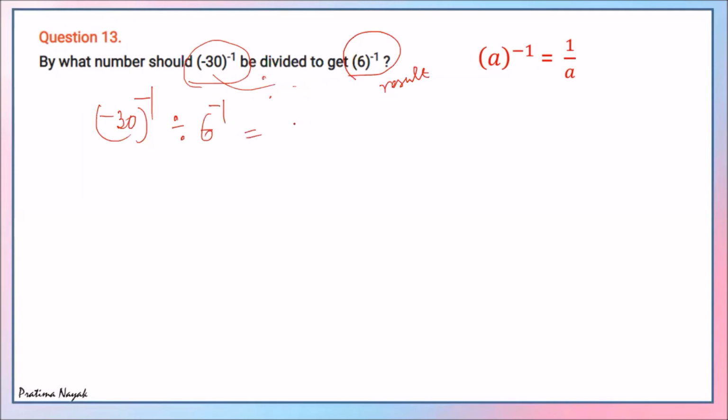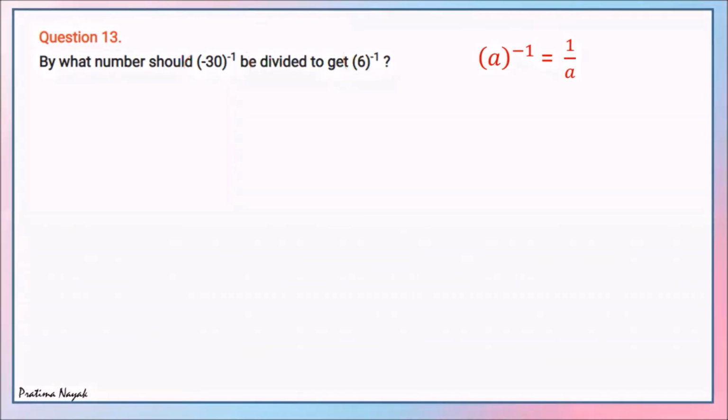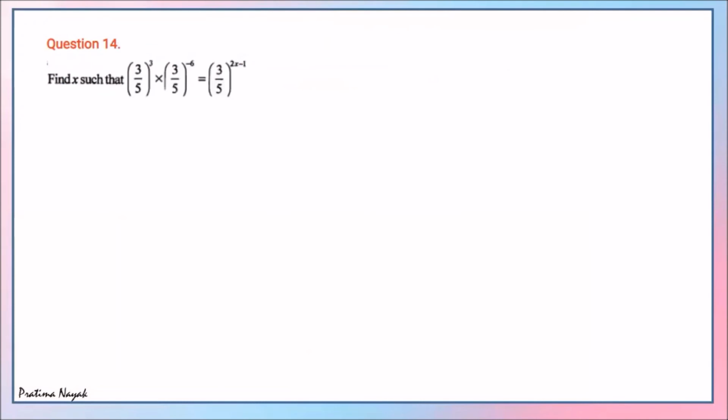So it will be -1/30 divided by 1/6. So this will be -1/30 multiplied by 6/1. Now 6 and 30 will be cancelled. The answer is -1/5. Find x.